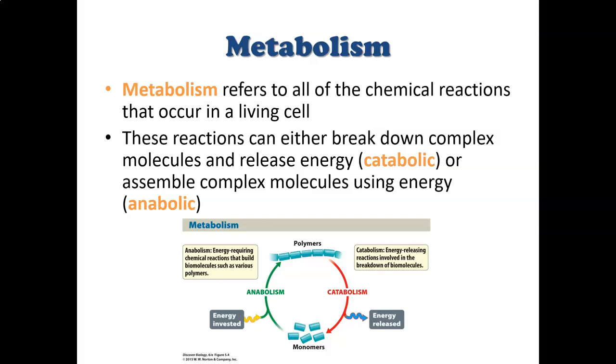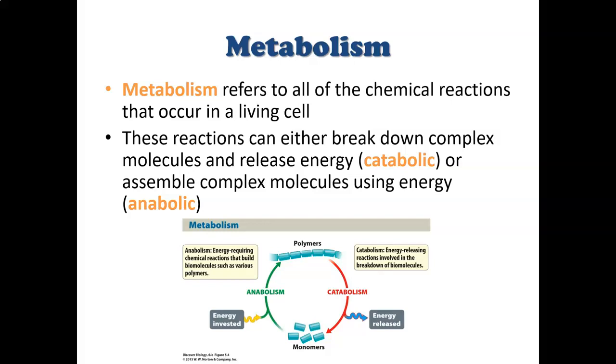The term metabolism refers to all the things that are going on inside a living organism, all the chemical reactions that are taking place. Now there are basically two types of chemical reactions. You can divide them into two categories: the ones that build things up and the ones that break things down.